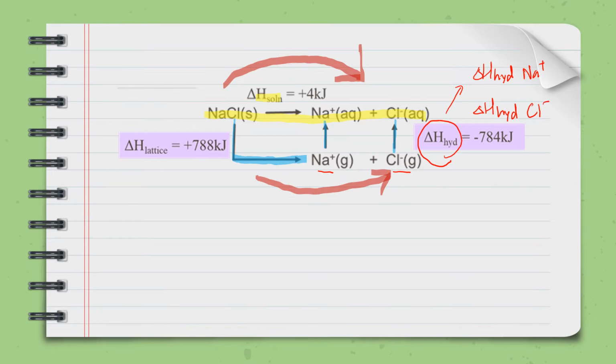You need to make sure that you understand that when it talks about hydration of Na plus, it means Na plus gas becomes Na plus aqueous. The same thing when it gives you delta H lattice, the value over here is positive, so it will always be from solid to its gaseous ions.